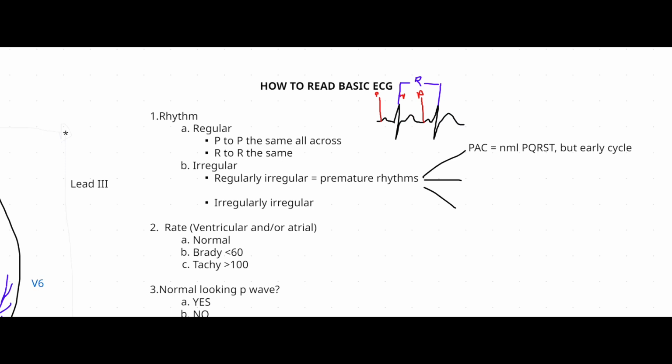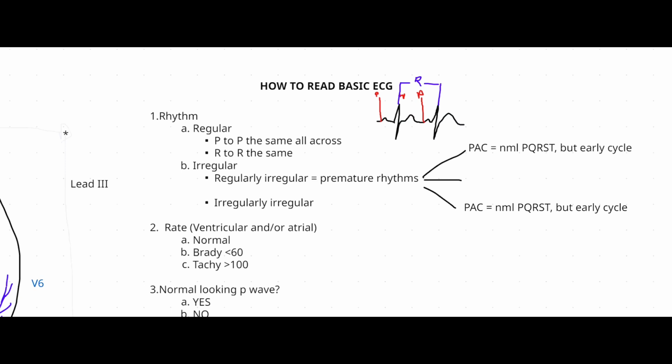So with a PVC, premature ventricular contraction, wide QRS. Likely if it's a wide QRS, there's no P, okay?